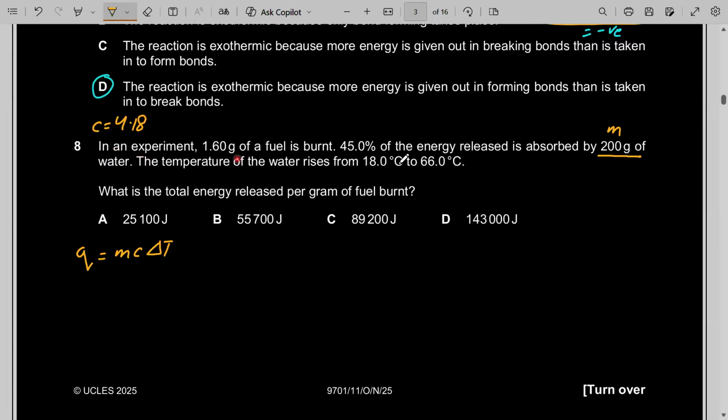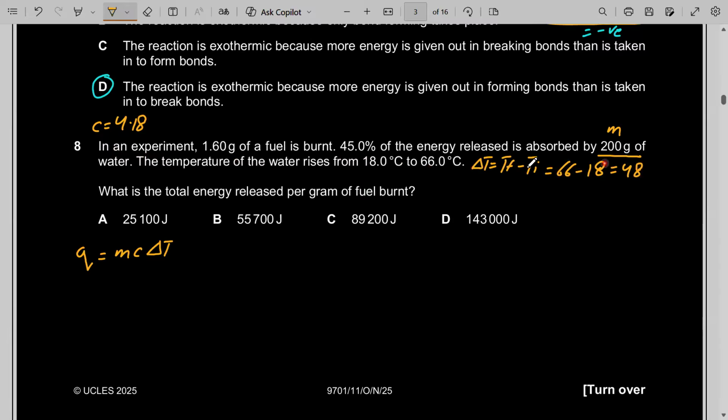And delta T is basically TF minus TI, final temperature minus initial temperature, which is 66 minus 18, and it is equal to 48 degrees.